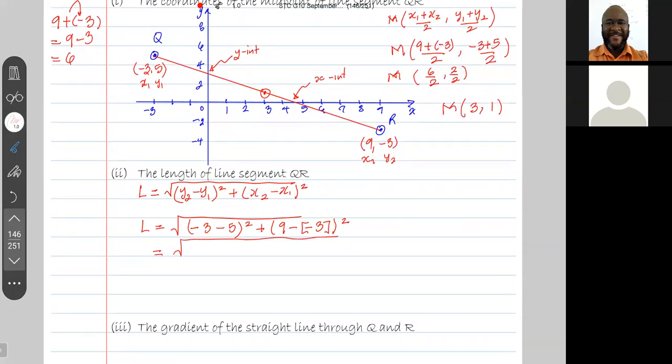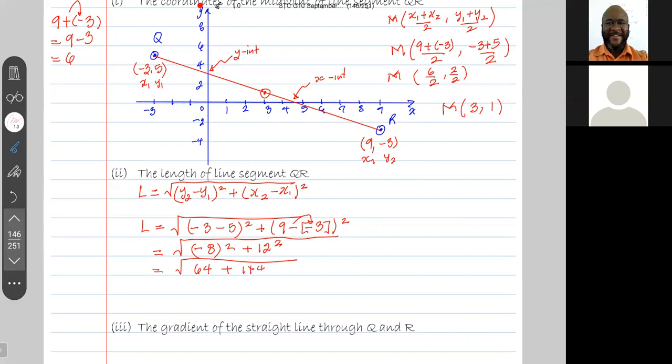This is the square root of minus 3 minus 5, which is minus 8, squared. A negative times a negative is a positive. 9 plus 3 is 12, so this is plus 12 squared. This is the square root of 64 plus 144.